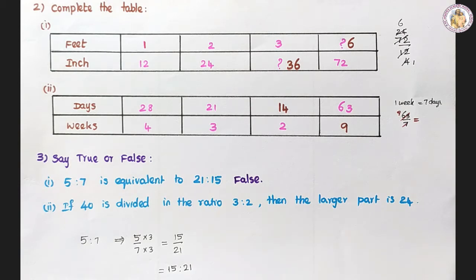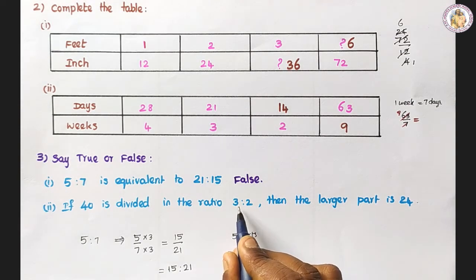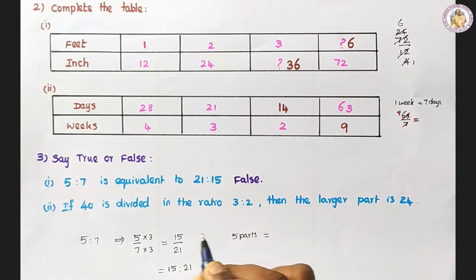Next, if 40 is divided in the ratio 3 is to 2, then the larger part is 24. Listen, number of parts equal to 5 parts. That means 3 plus 2, 5 parts equal to how much? 40. So 1 part equal to 40 divided by 5, that is 8. 1 part equal to 8.